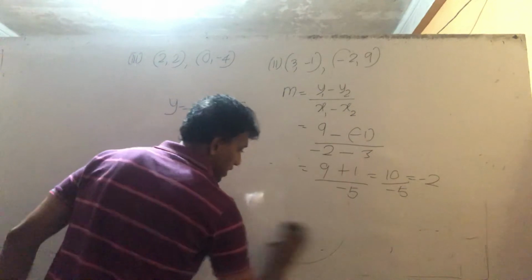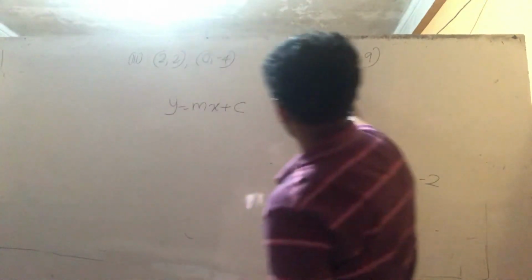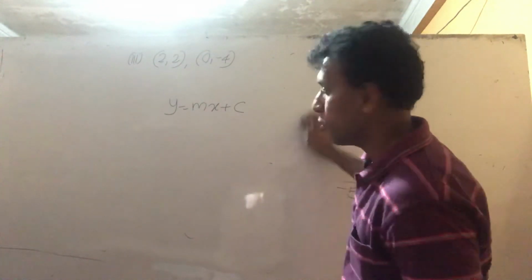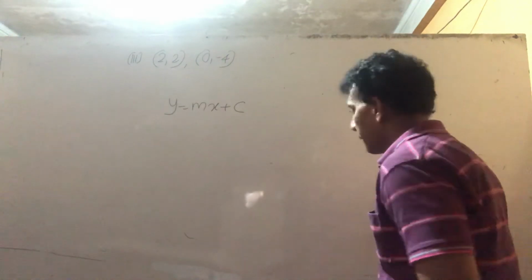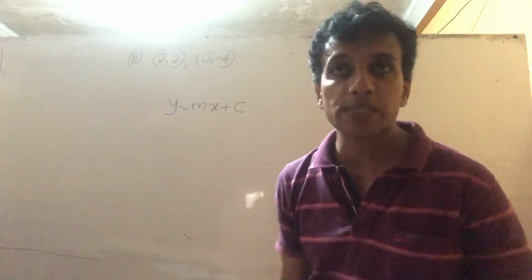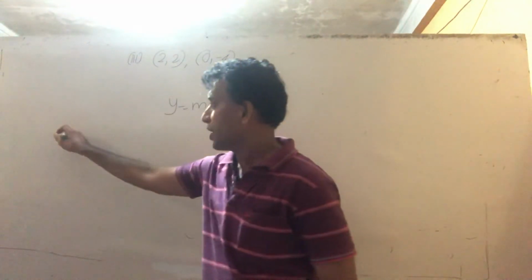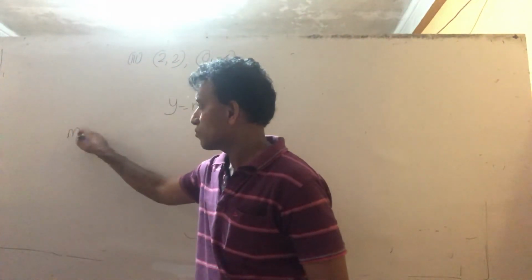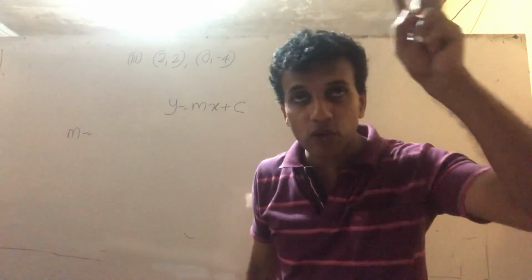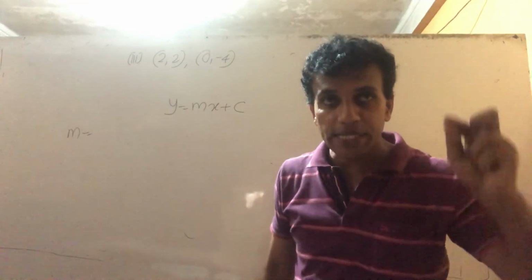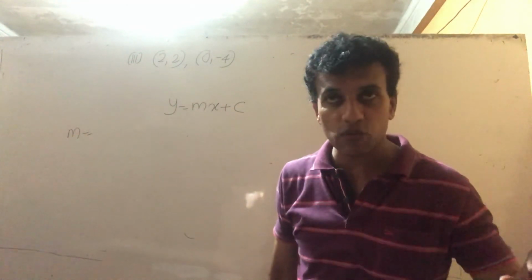Whenever there is an equation problem of a straight line, you take the form y = mx + c. So find the gradient first. What is the method? The difference between the y coordinates divided by the difference between the x coordinates in the same order.